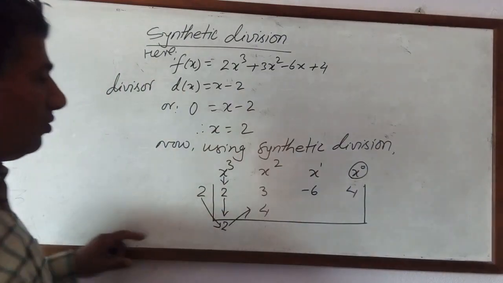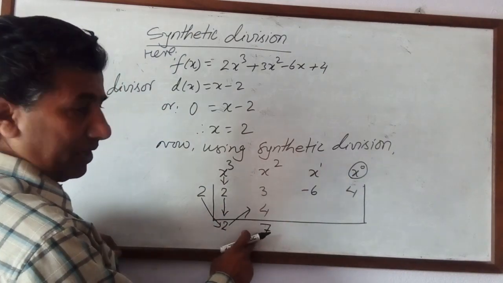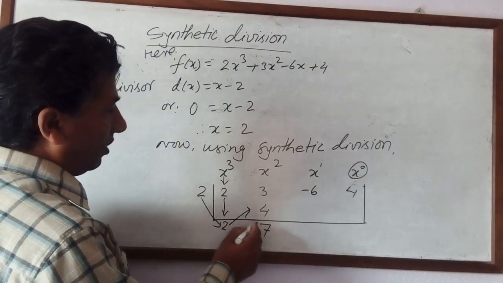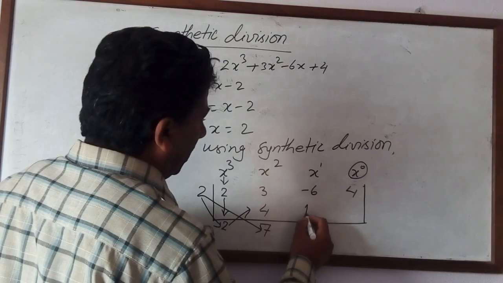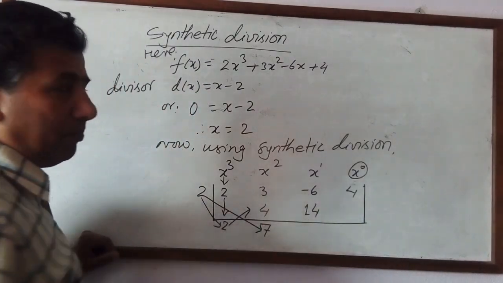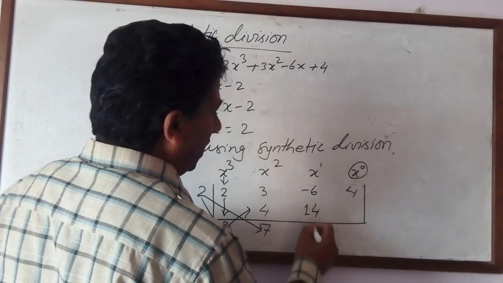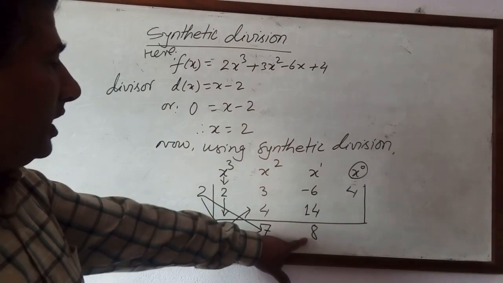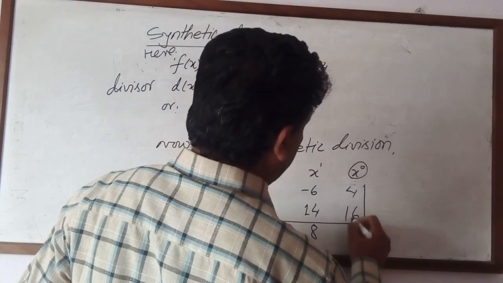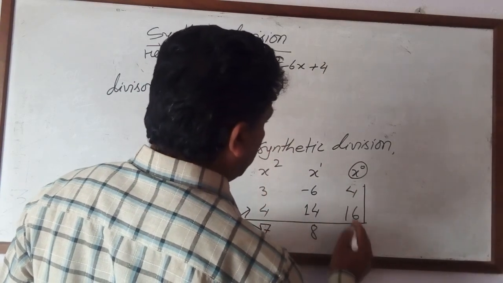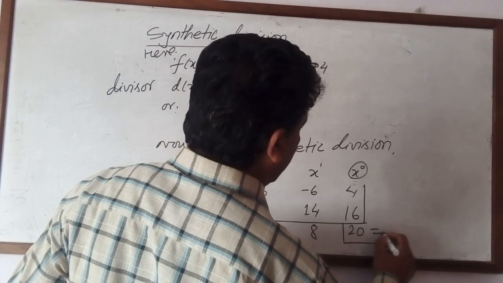Do not change sign. 4 plus 3 is 7. Multiply 2 and 7: 14. Then 14 minus 6 is 8. Multiply 8 by 2: 16, and 16 plus 4 is 20.